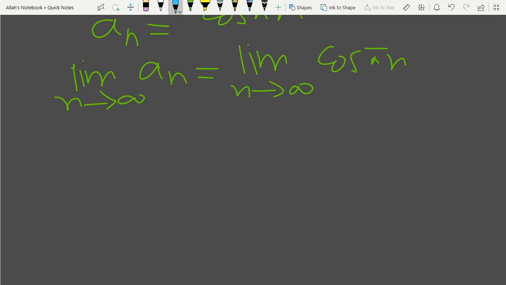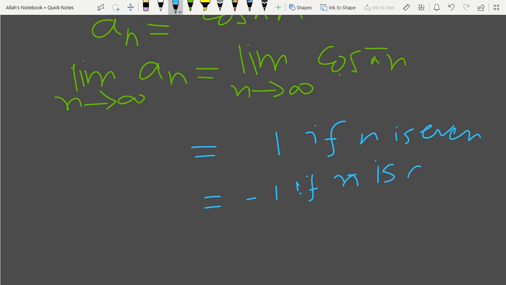The first value is 1, if n is even, and the second value that we get is minus 1 if n is odd. So these are two values, for n even and for n odd.